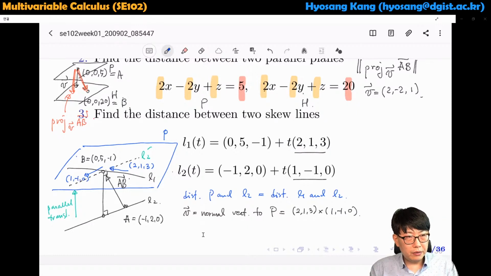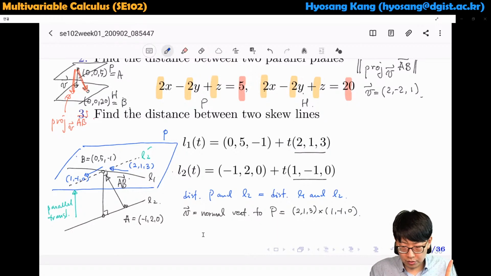So these two vectors are both parallel to the plane P, right? If you take the cross product, you get the direction which is perpendicular to both (2, 1, 3) and (1, -1, 0).